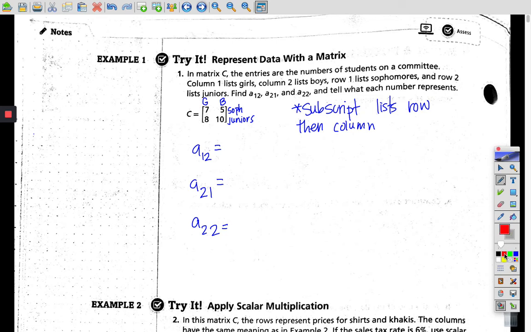So row and then column. Let's look at this. We want to find row 1. This would be row 1. Y'all agree the top row is row 1? Top row is row 1.